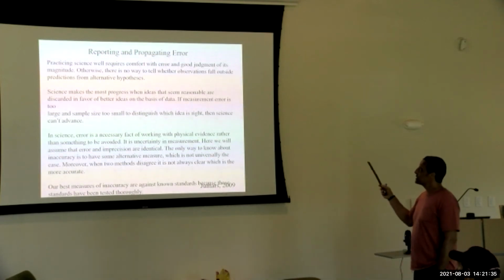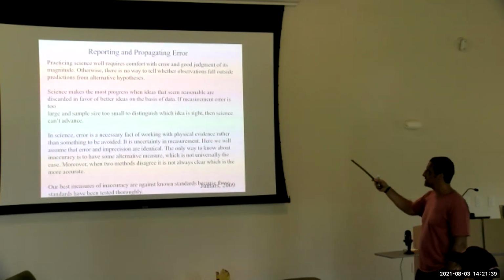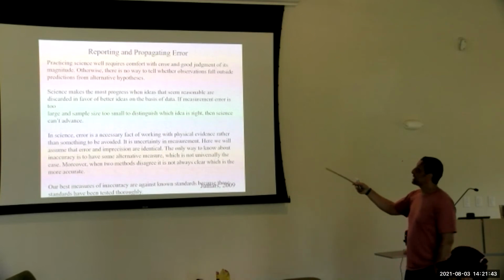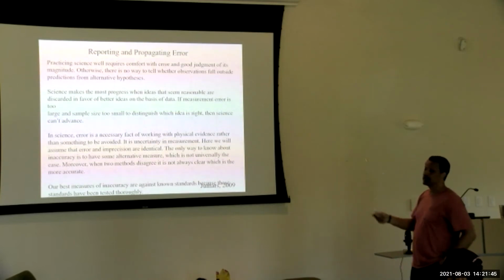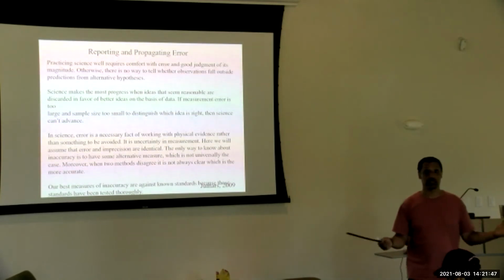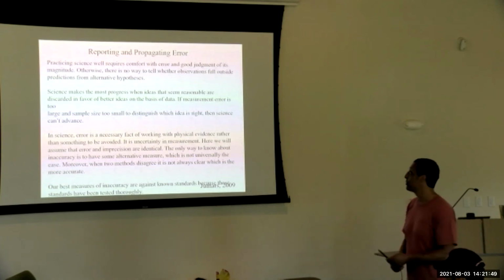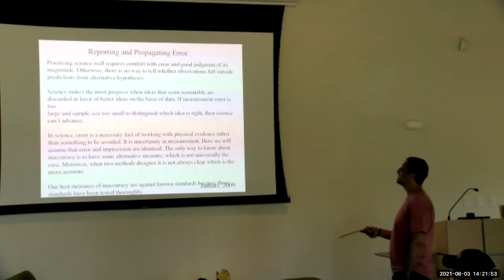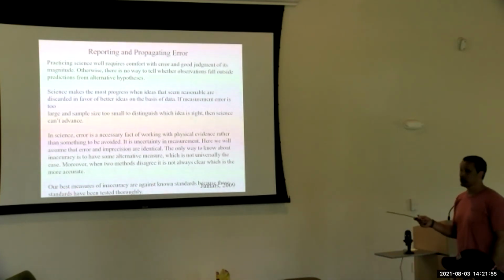Science makes the most progress when ideas that seem reasonable are discarded in favor of better ideas on the basis of data. If measurement error is too large and sample size too small to distinguish which idea is right, science cannot do that. This is where we rely on data. In science, error is a necessary fact of working with physical evidence rather than something to be avoided.